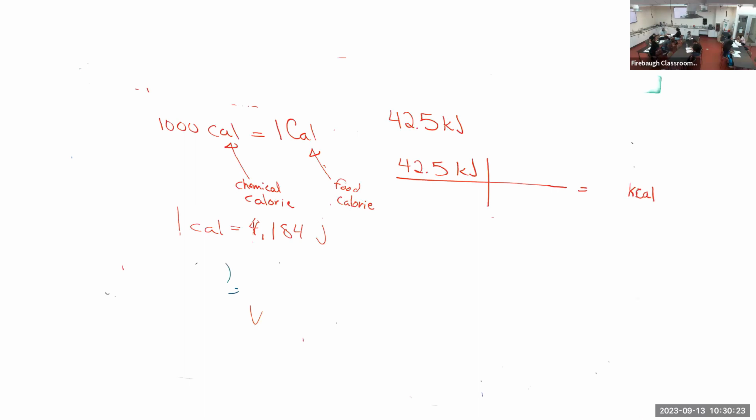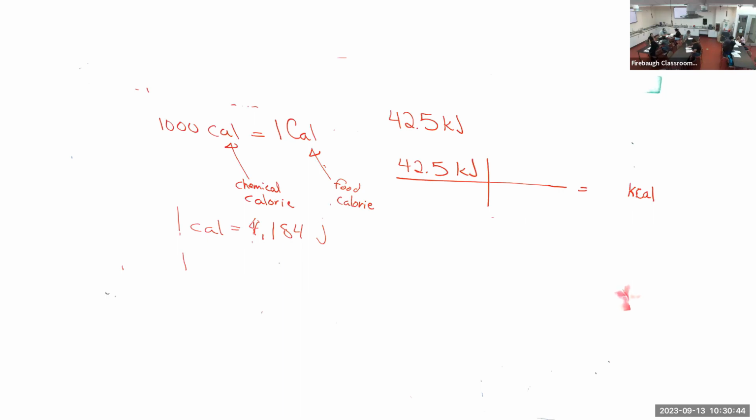That's what we're shooting for. So what conversion given to you on the paper can convert kilojoules to kilocalories? You guys have anything on your paper that says kilocalories to kilojoules?